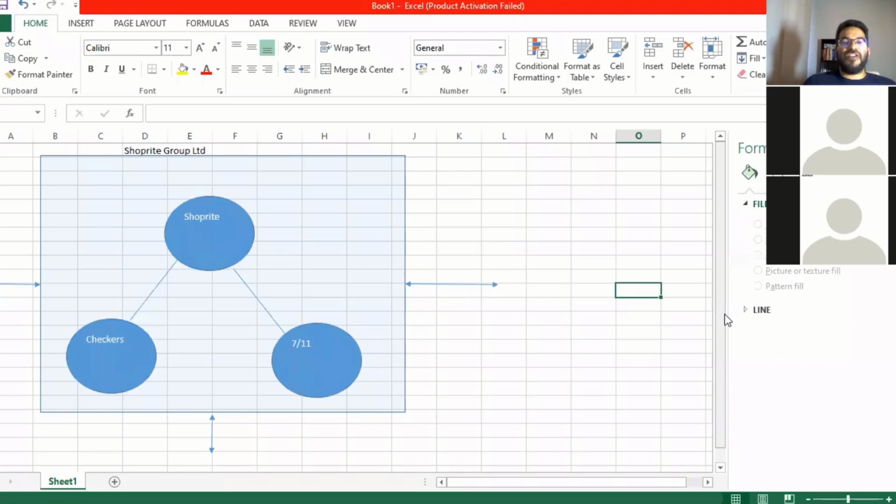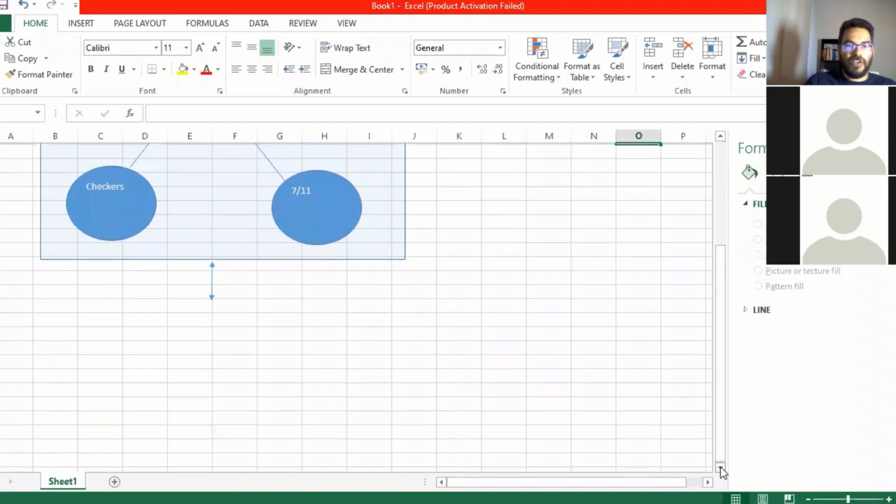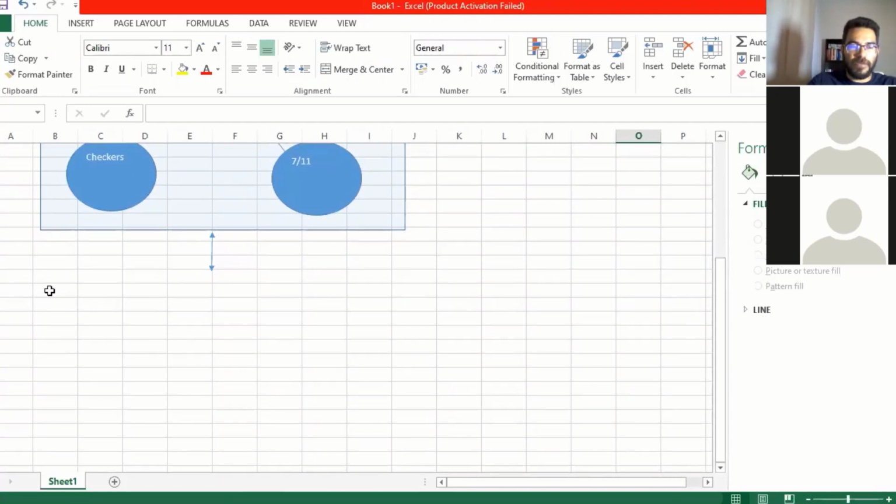Okay, so now that we have that basis, we are now going to have a look at the various financial reporting standards that are applicable with group accounting. So there are various standards that are applicable when it comes to group accounting.